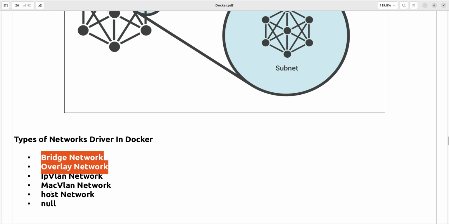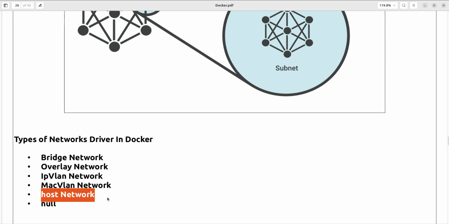But in case of host network, the container will get the same IP address that is taken by your host machine. It will not create any other IP. Okay, MAC VLAN is using the MAC address for communication purposes. Okay, null means your container will not get any IP address.